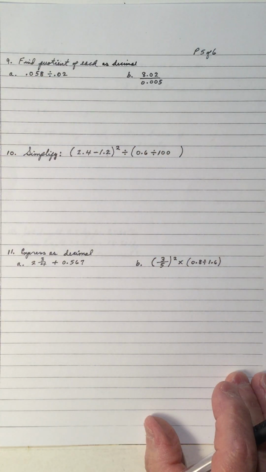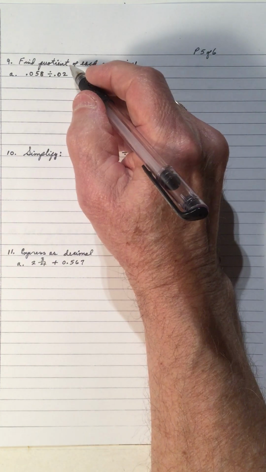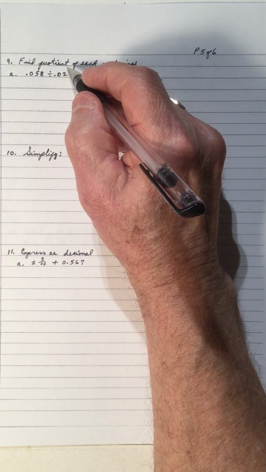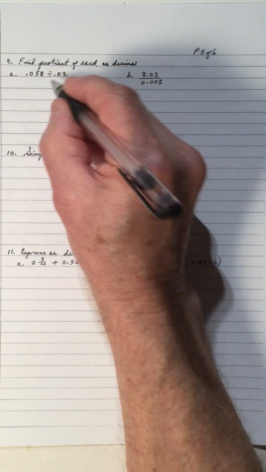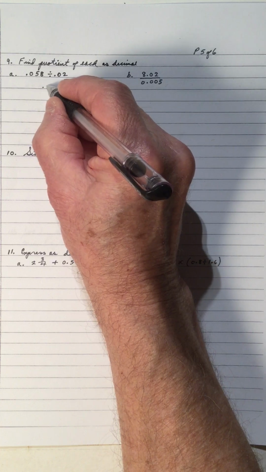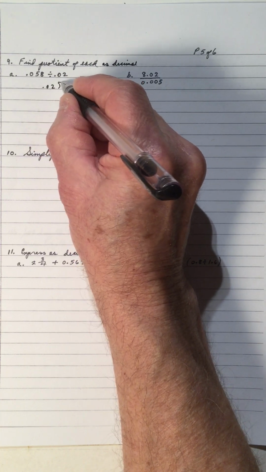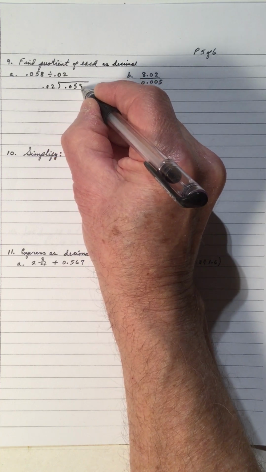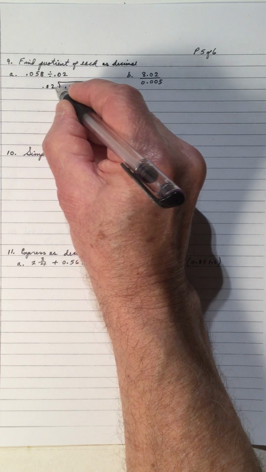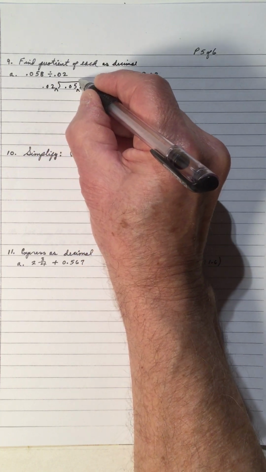Continue to review. Find the quotient of each as a decimal. Quotient means divide. Again, you can use your calculator, but if you go 0.02 divided into 0.058, you move your decimal 2 places here, move it 2 places here, then move it up.